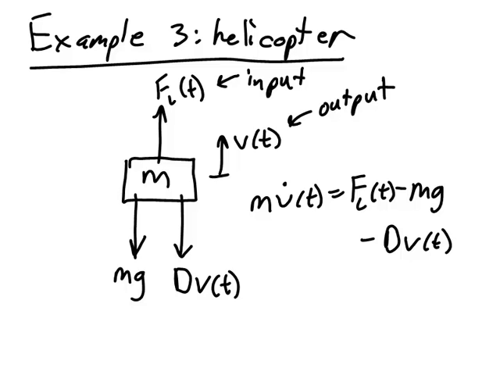This time I'm going to go one step further and take the Laplace transform of this equation. I have an s in the first term because we've taken the first derivative of velocity. The lift force will become a function of s.